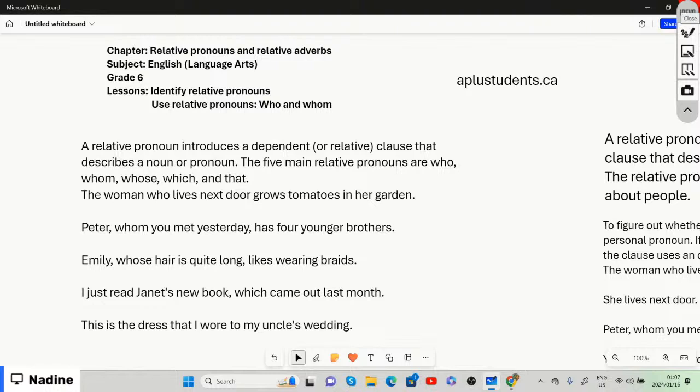So a relative pronoun introduces a dependent, which is also a relative clause, that describes a noun or pronoun. And the five main relative pronouns are who, whom, whose, which, and that. And we are doing our tutorial lesson on aplusstudents.ca.